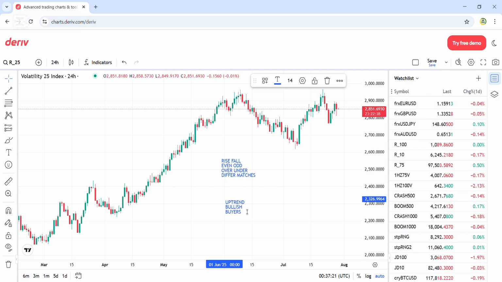It is also the representation of the buyers. The red candle becomes the fall in our case here in deriv, and it represents the sellers. So this is the only market that borrows some few analysis techniques from forex and crypto trading. Understand that first.